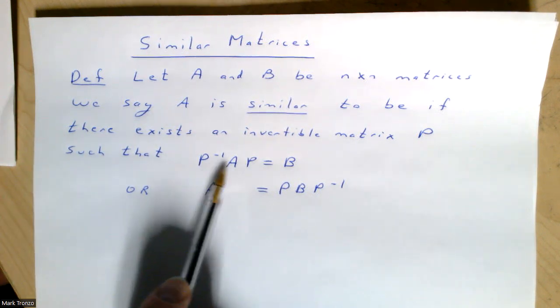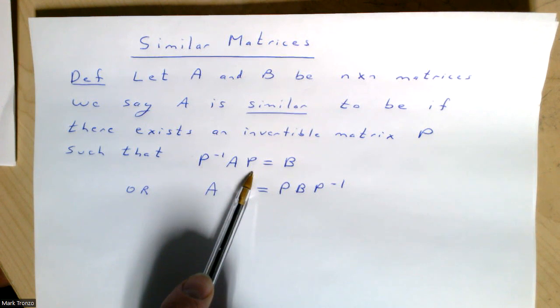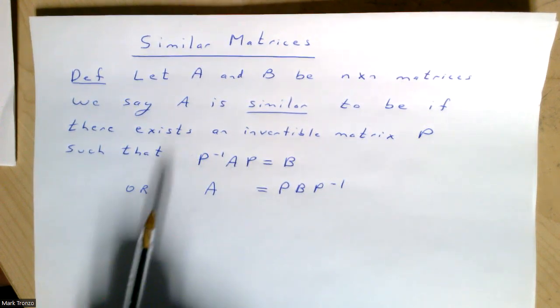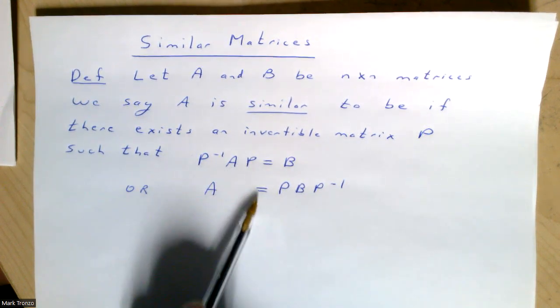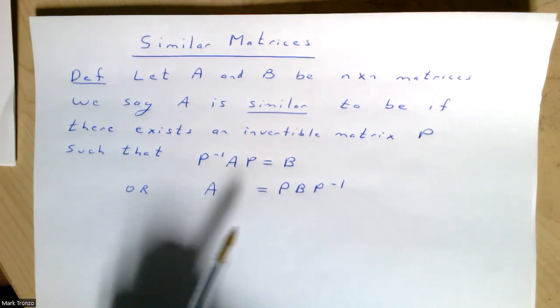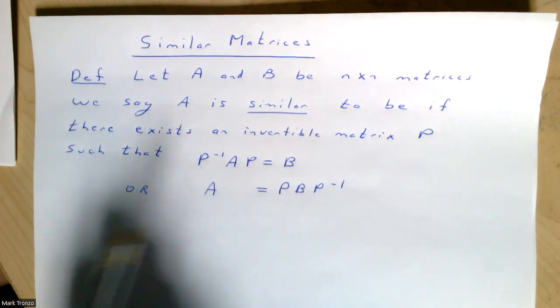Since this is the inverse of P, you could call this P and this P inverse. It doesn't really matter. But any two matrices A and B that have this kind of relationship are similar.